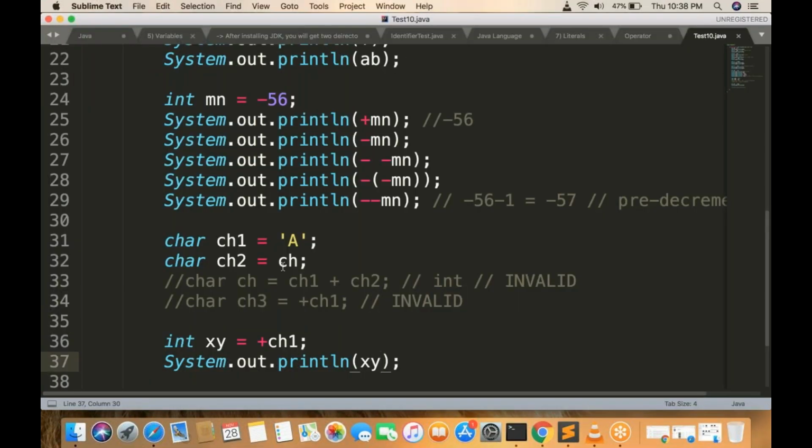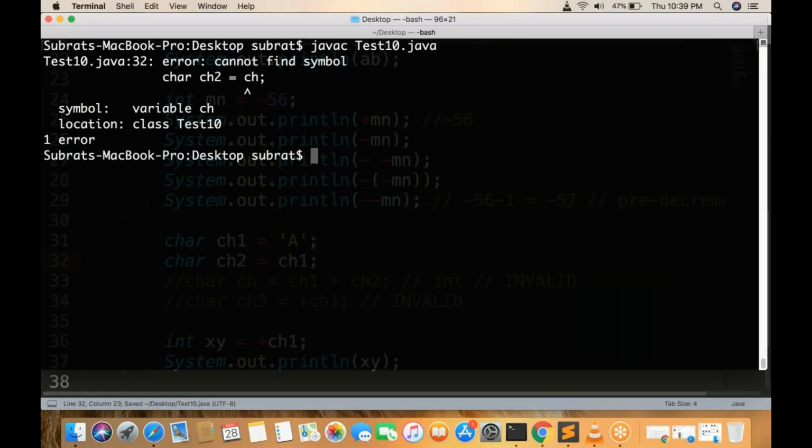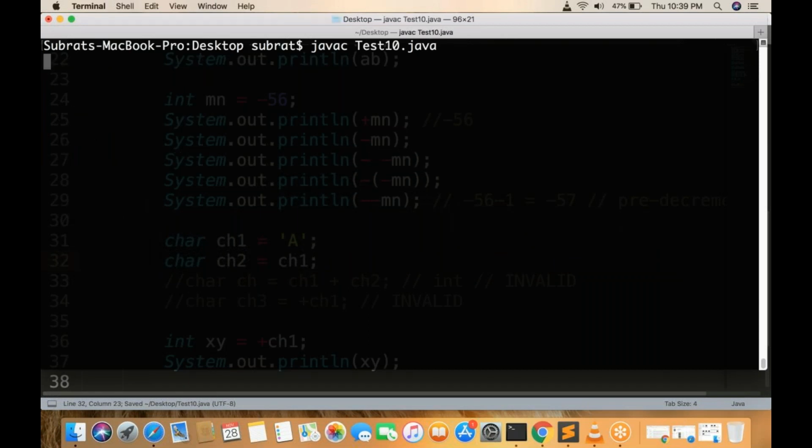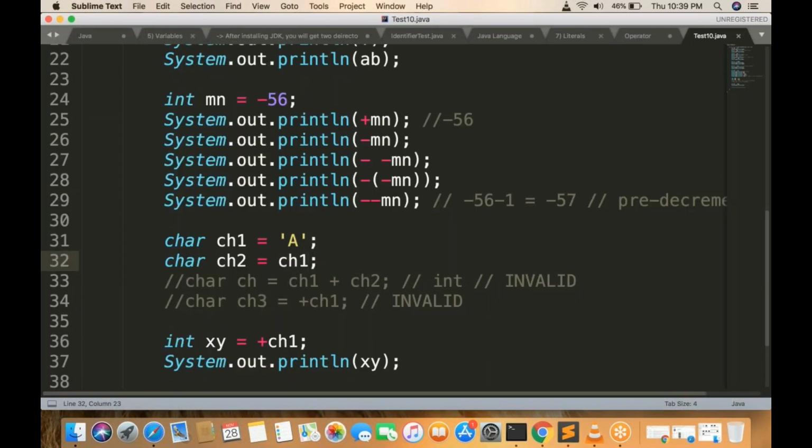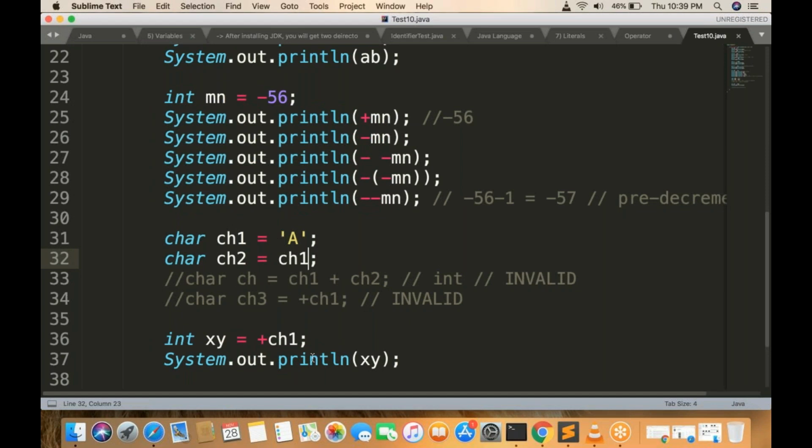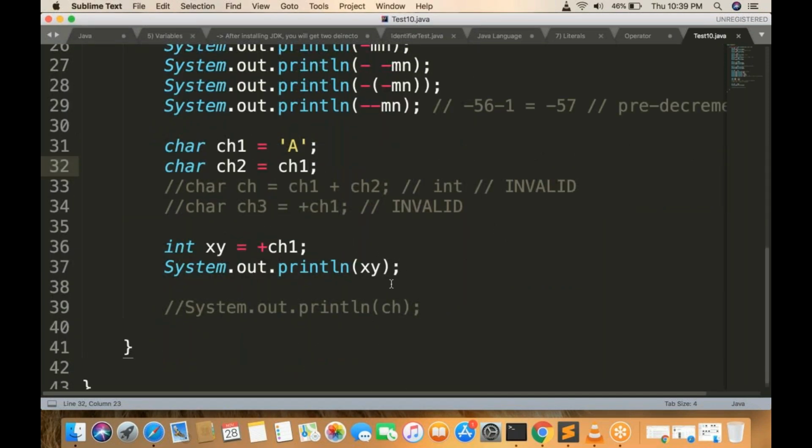Okay, so here, ch is equal to ch1. Ch1 is equal to a.